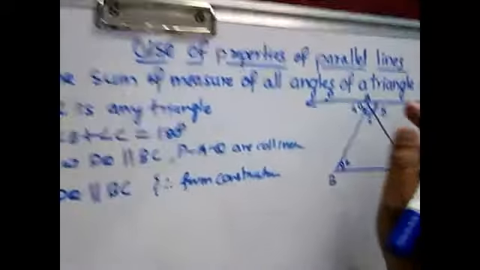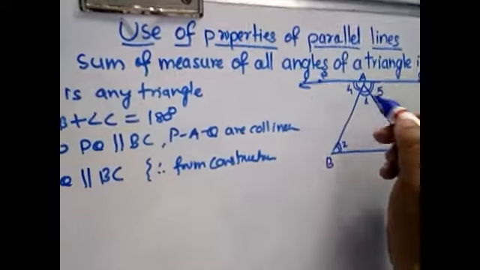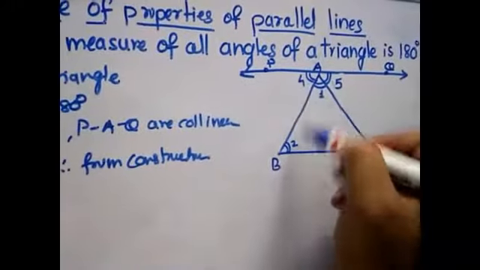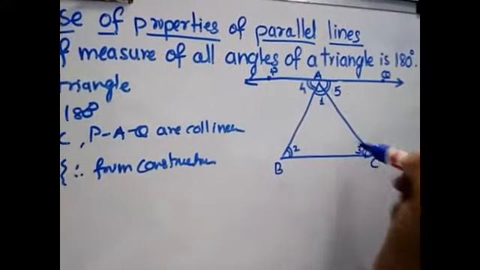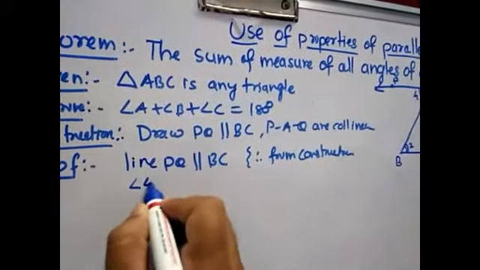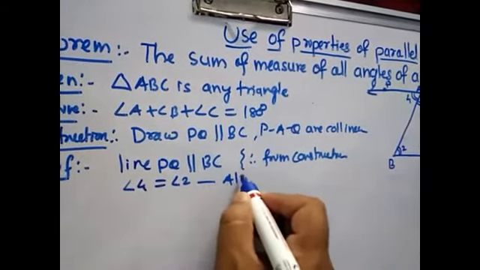So see here, angle 4 and angle 2 are alternate angles. And again angle 5 and angle 3 are alternate angles. Write down: angle 4 is equal to angle 2, this is an alternate angle.